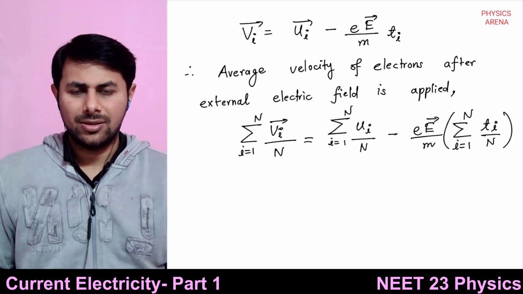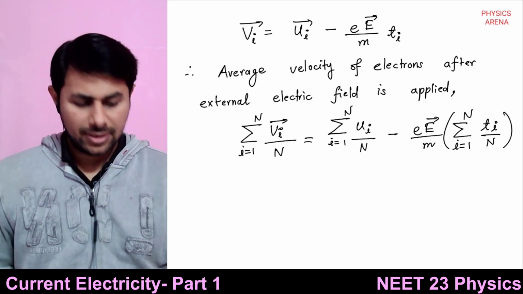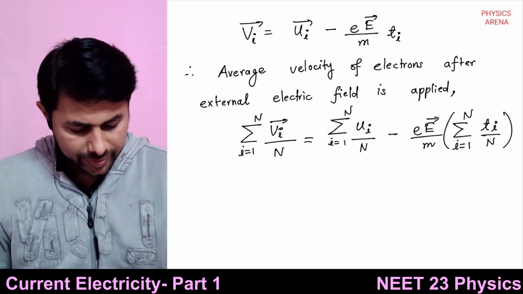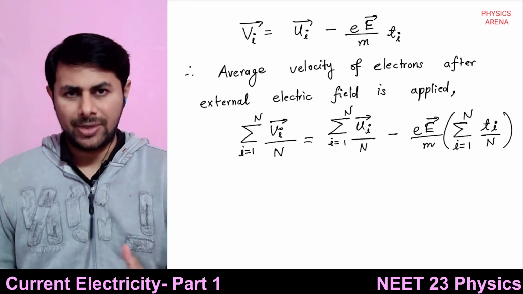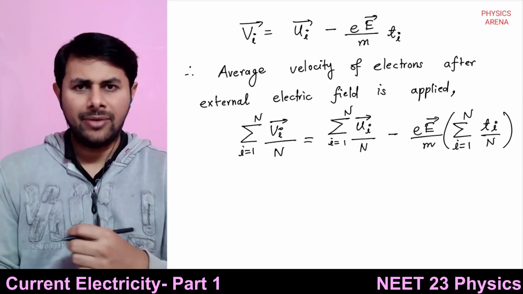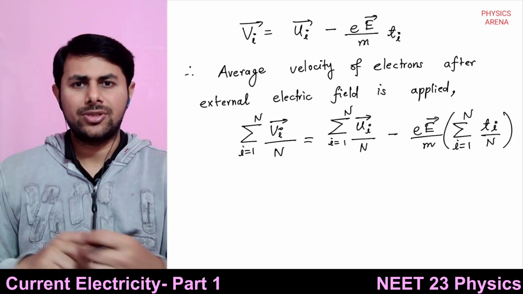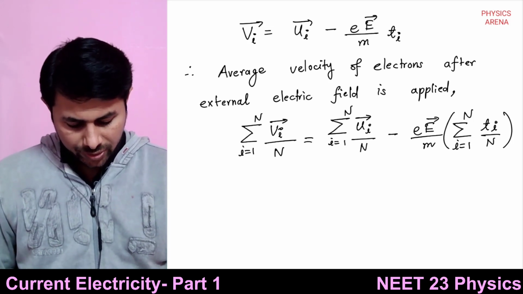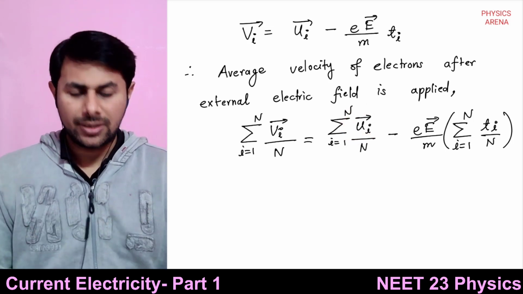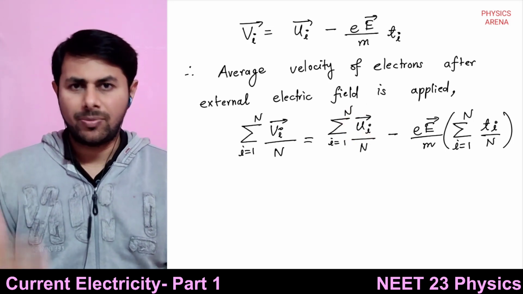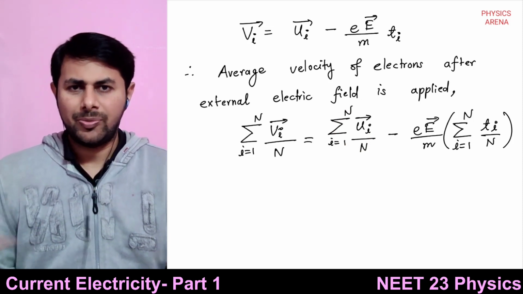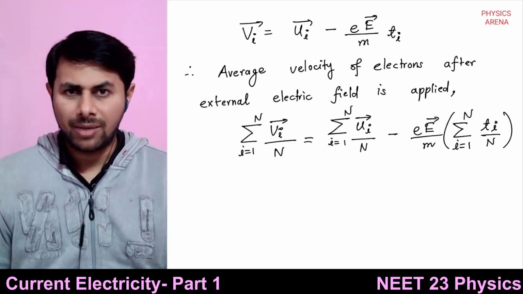Okay, so we know about this thing. What is this? This is zero, right? Average velocity before the external electric field was applied. These are random velocities with which electrons are moving inside the conductor. So if you sum up all the random velocities and divide by the number of electrons, you will get the average velocity before any external electric field was applied.